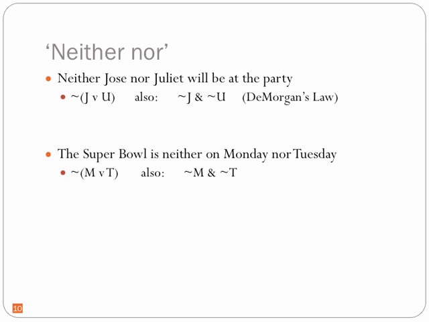So it's false that the Super Bowl's on Monday or Tuesday. Another way to do it would just be to say that it's false that the Super Bowl's on Monday, and it's false that the Super Bowl's on Tuesday. So notice that's another way of reading the negation. Instead of not M and not T, you can use the expression it's false that, or it is not the case that. All right, so that's neither nor.